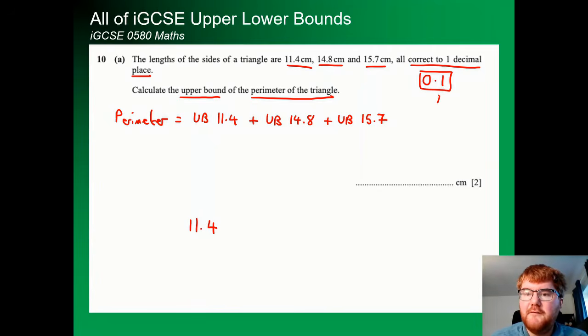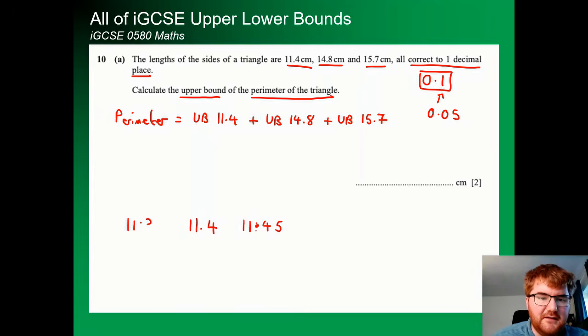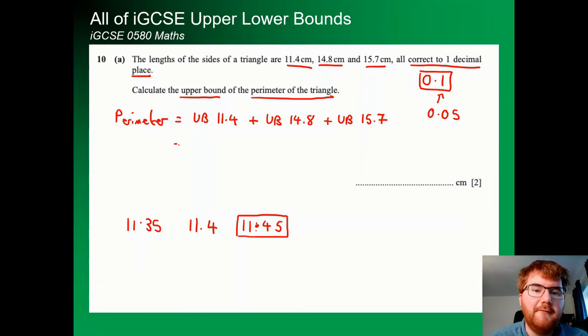We want half of this, which is 0.05, and that will then give us our upper bound, which is 11.45, and then 11.35. And because we want the biggest perimeter possible, we always want to take the upper bound of each side, which in this case will be 11.45.